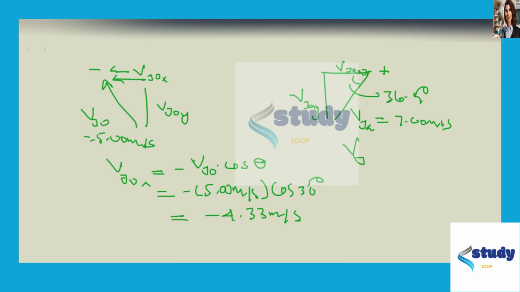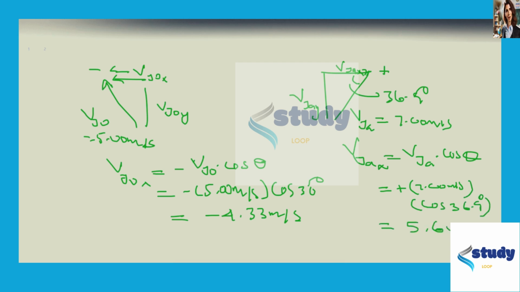In the x, Jane's velocity will be her velocity times cosine of theta. So this is positive 7.00 meters per second times cosine of 36.9 degrees, which gives us 5.60 meters per second. So these are the velocities in the x.